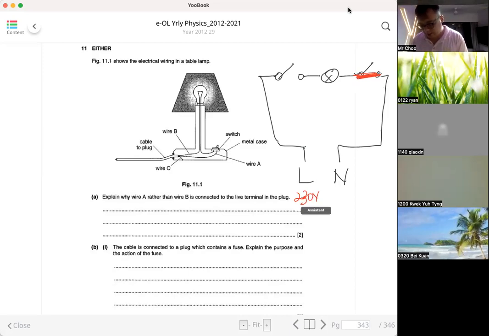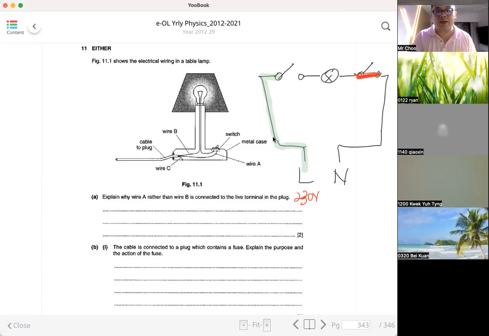However, this 230 volt potential will be all the way to the start of the switch, so for the bulb, after that, from one end of the switch all the way to neutral, all these parts that I did not highlight will be 0 volt. So if you touch the bulb, you will not get shocked.